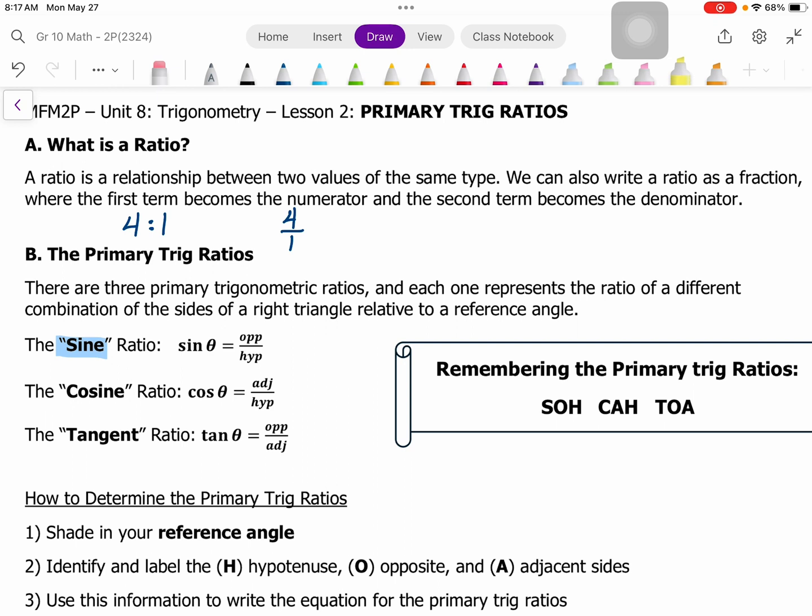This symbol over here is a Greek symbol called theta, and we use it as a stand-in for an angle when we don't know what the angle is. Whatever angle I'm talking about, the sine of that angle is the opposite divided by the hypotenuse in that triangle.